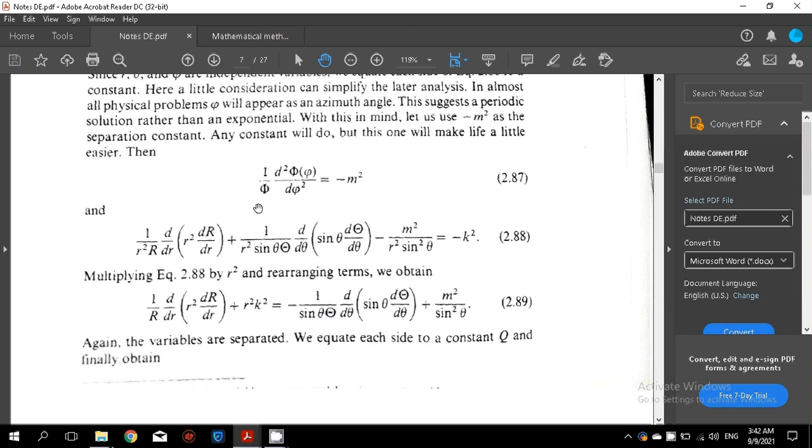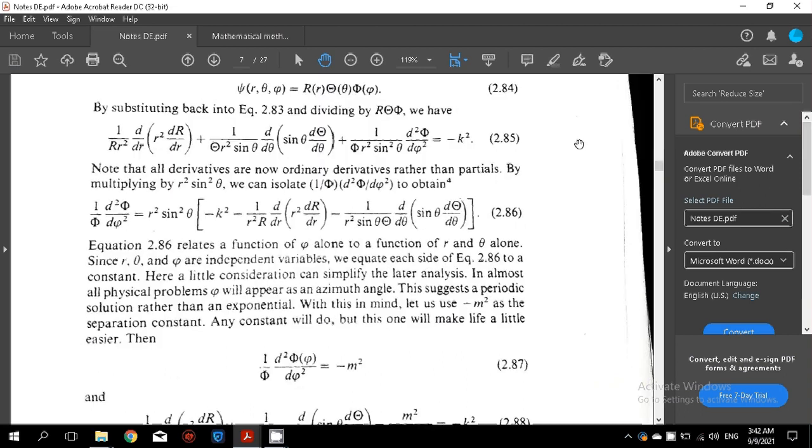So what we have written, we have separated the variable phi, the phi part, which is in fact this part. For that purpose we have to multiply this equation with sine theta. Let us focus on equation 2.86. Here we have placed the part phi on one side of the equation, and we have taken the rest of the equation on the right hand side.